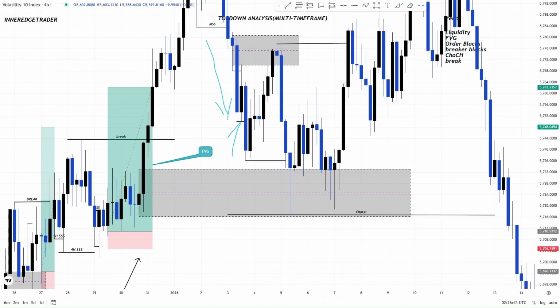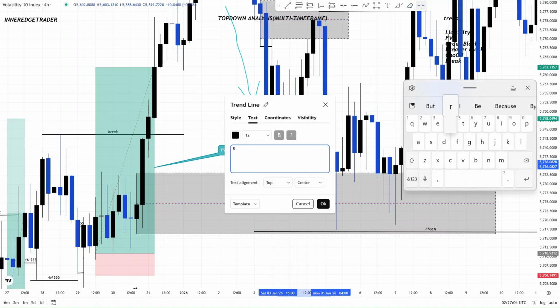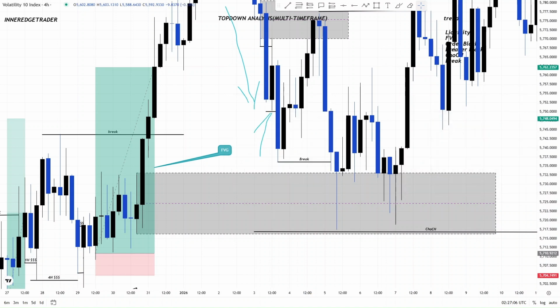Let's go back on the 4 hours. Once price gets to my zone, which is this zone you're seeing here, this first week after the break of structure, then you go on the 15 minutes time frame.